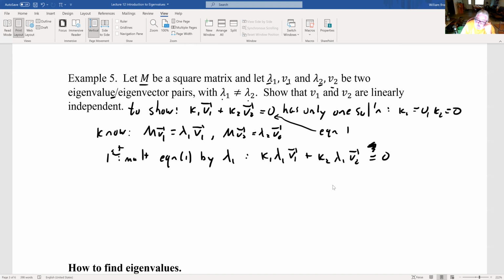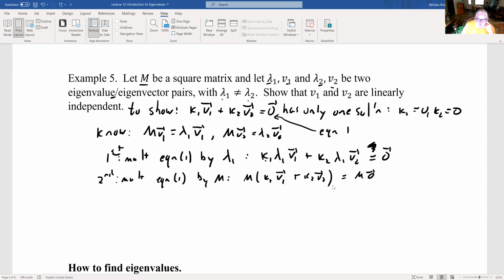We want to show that the only way that can be is that k1 and k2 are equal to 0. Second, multiply equation 1 by M. M times (k1 v1 plus k2 v2) equals M times 0. And that's actually the 0 vector on the right side.